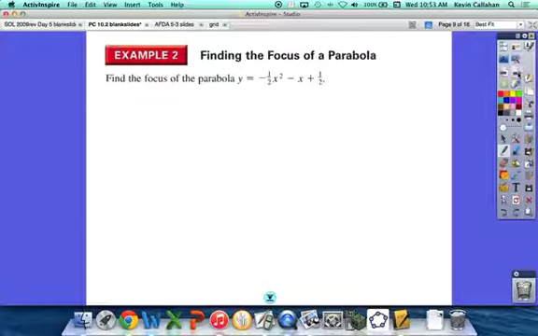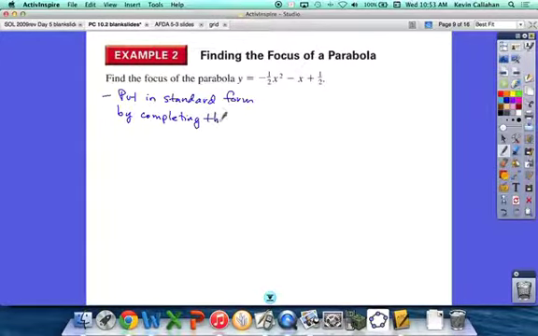And from that, you'll be able to find the focus. So put it in standard form by completing the square, and then find the focus.